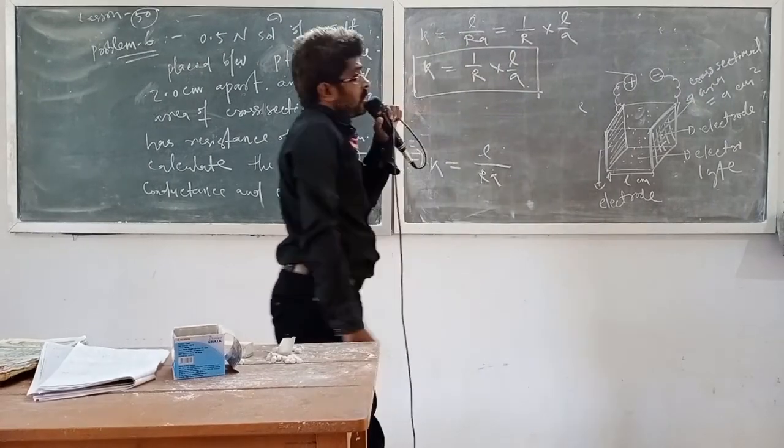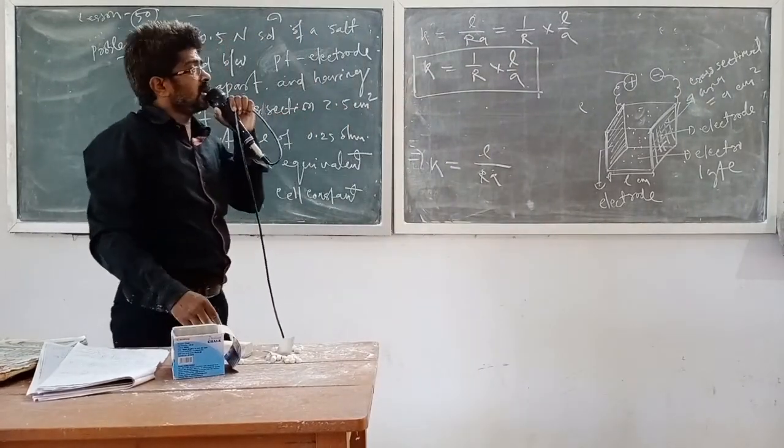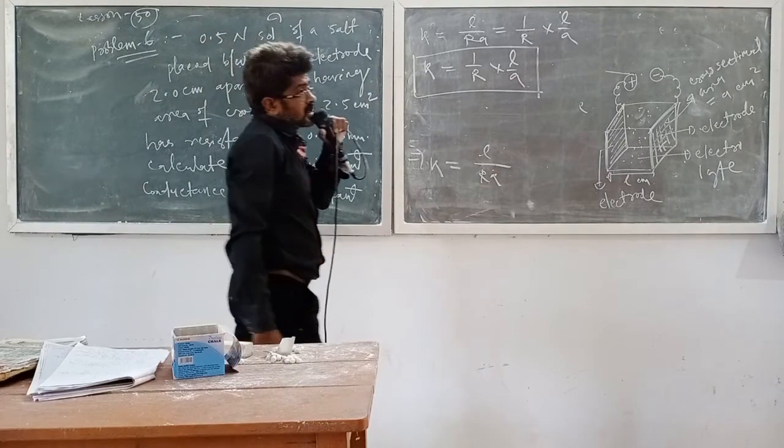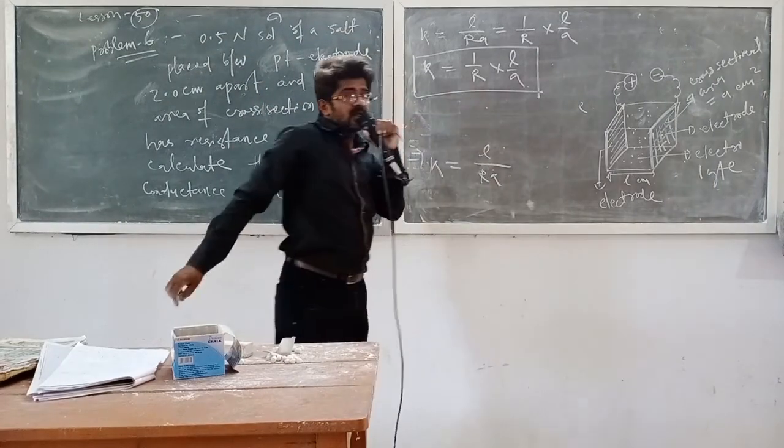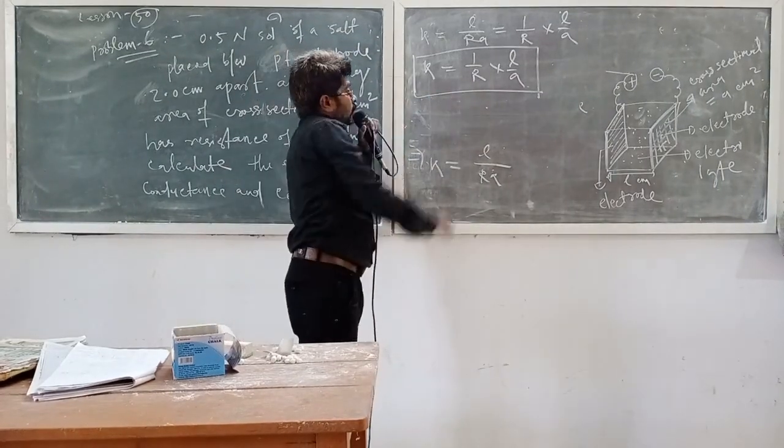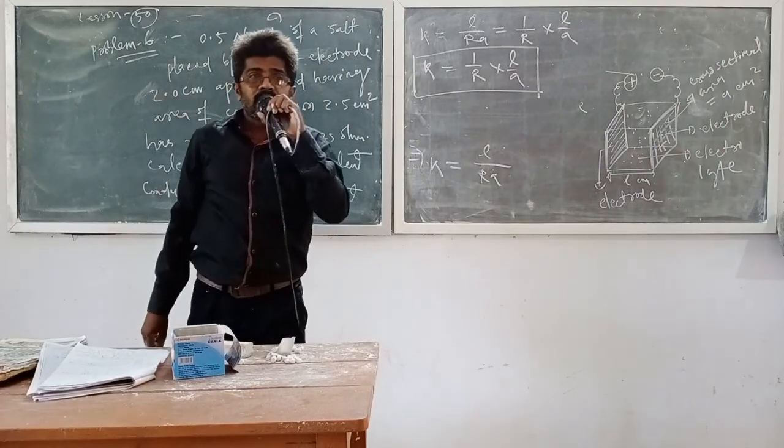L by A is the cell constant and 1 by R is the conductance we have already discussed. From here we will discuss our problem. Okay.